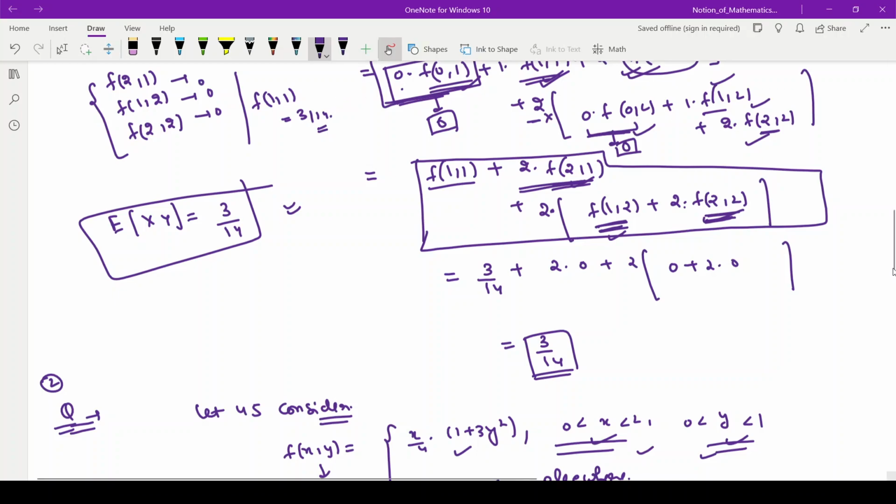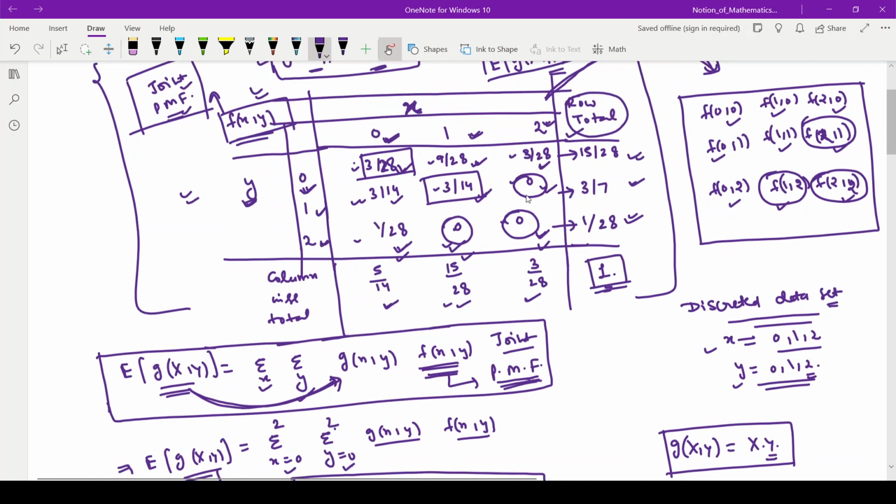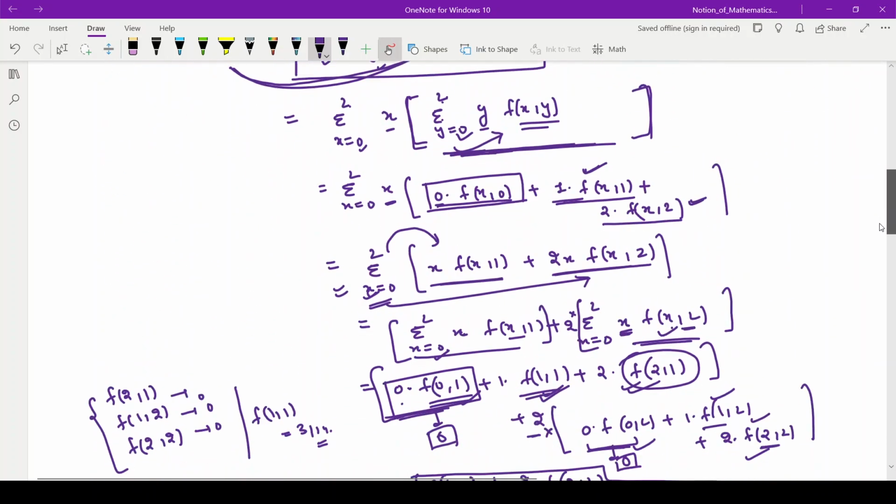So we will check it in the given table. As we can see, f21, f12, f22, all these are 0, and this is f11, that is 3 by 14. So that is what we can utilize here.